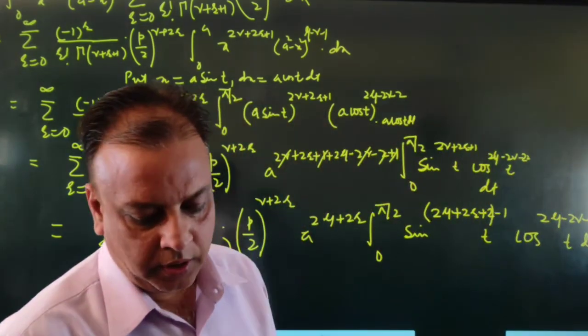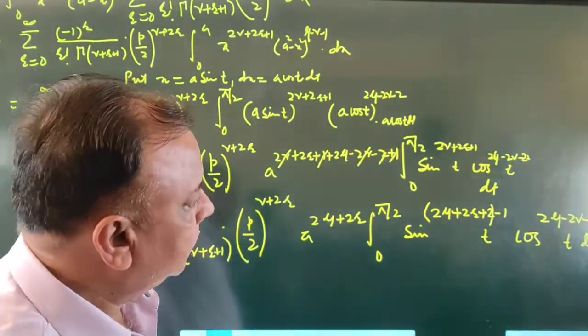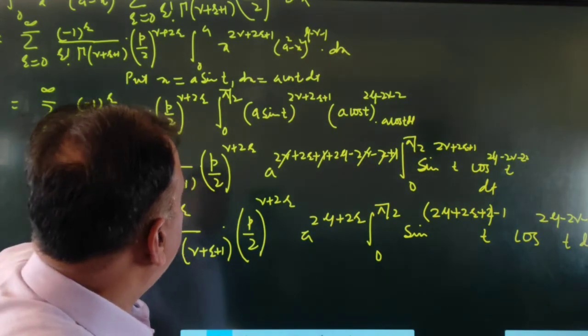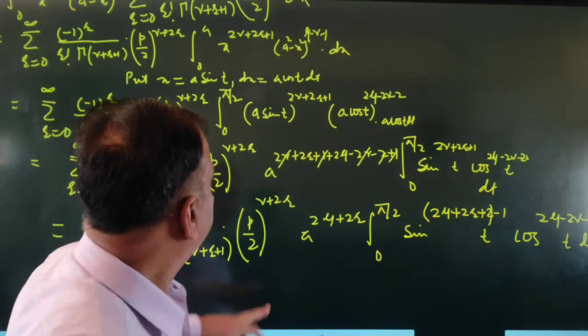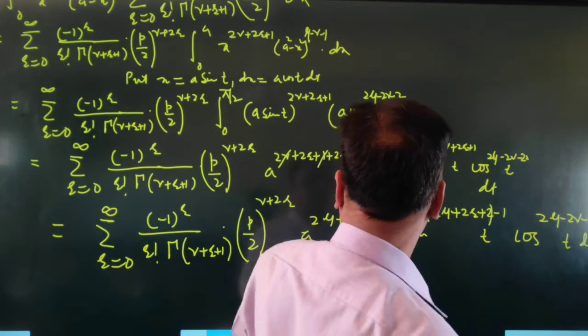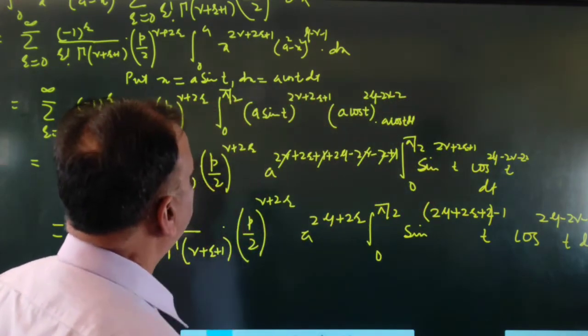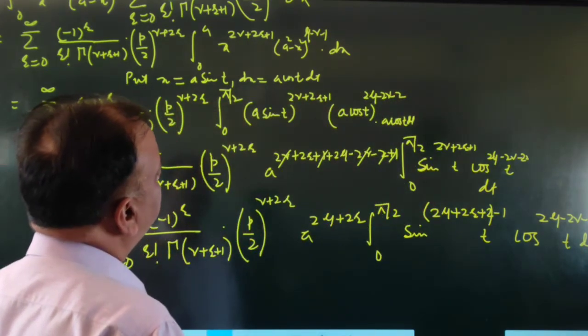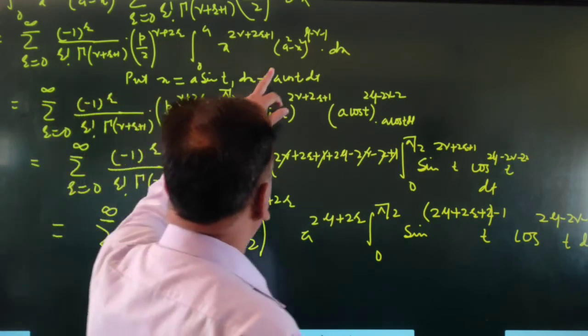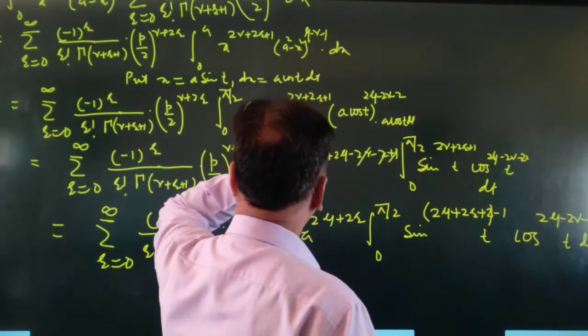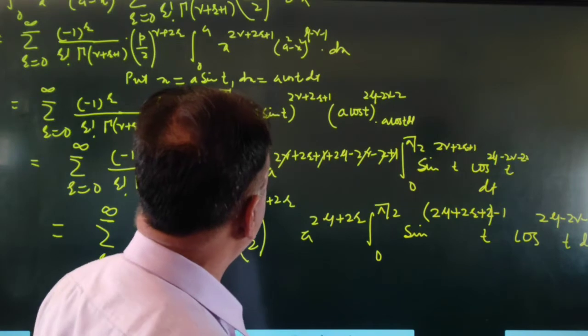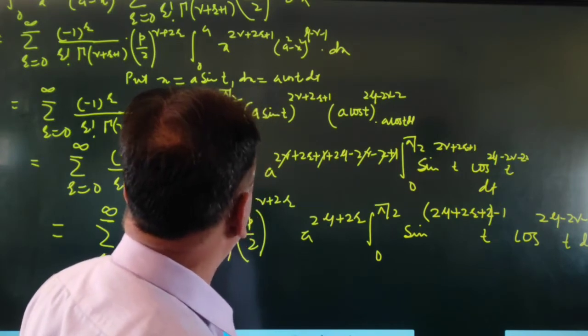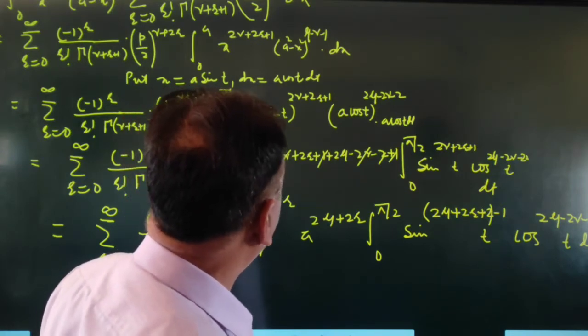This is it. If we solve this one, cos raised to, what is the cos raised to? a cos t raised to 2 mu minus 2 nu, here a square cos square t, so 2 mu minus 2 nu into cos t.